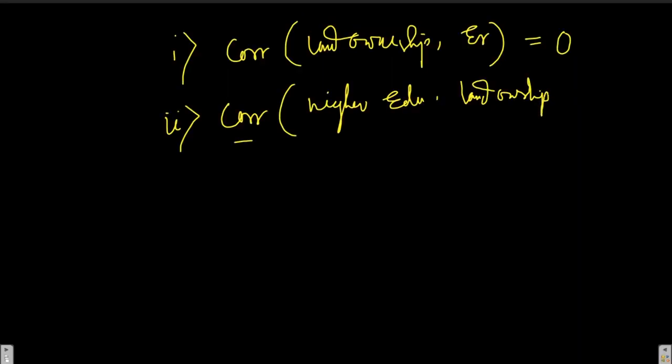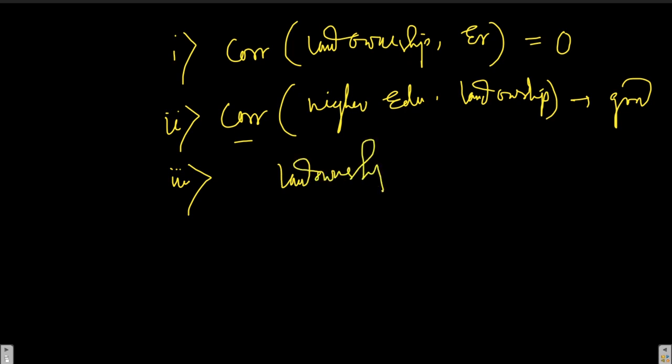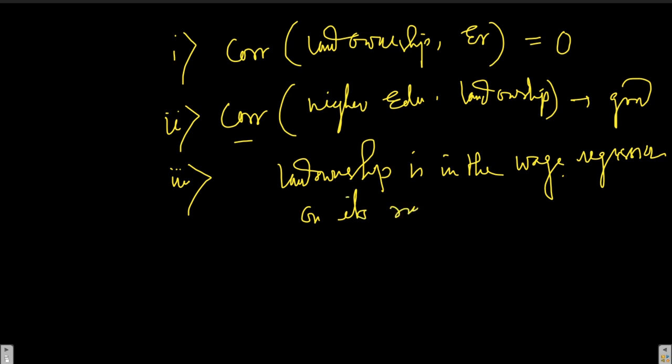And third, I am going to check if land ownership is in the wage regression on its own right. Okay, these three conditions I'm going to check. So let us do that.